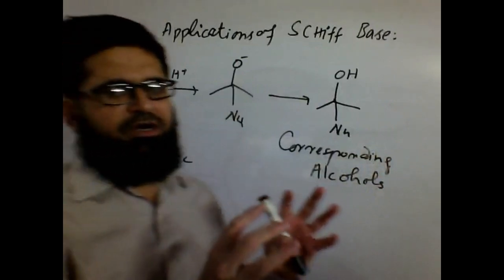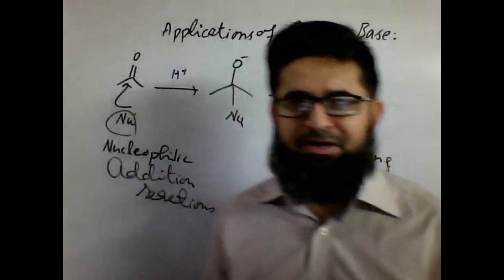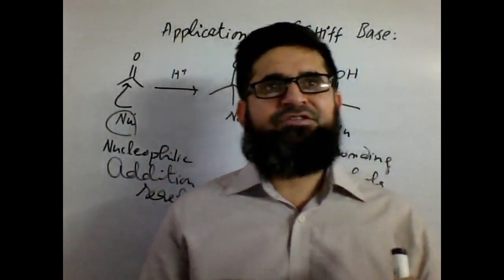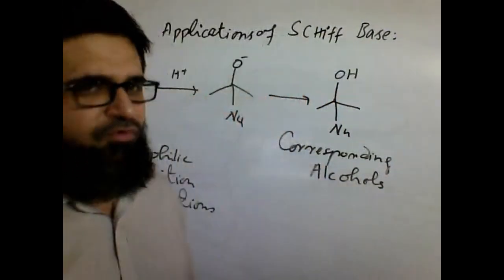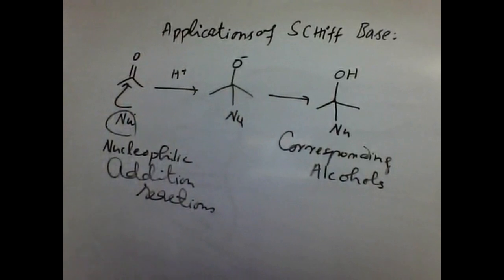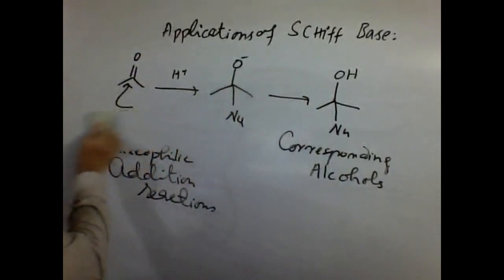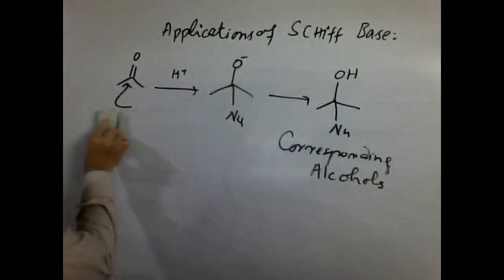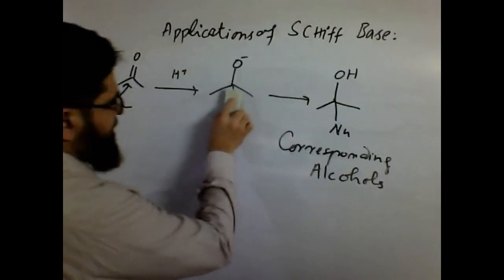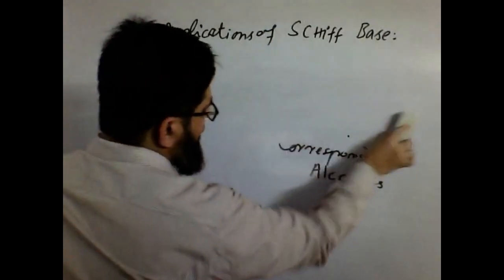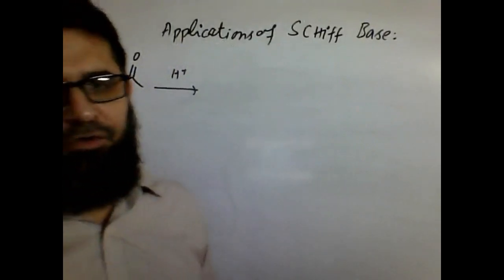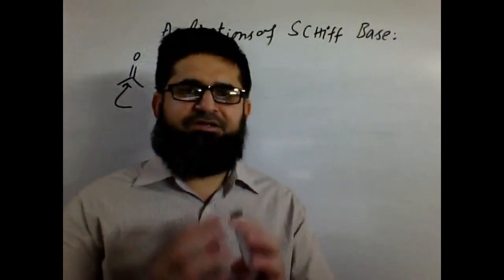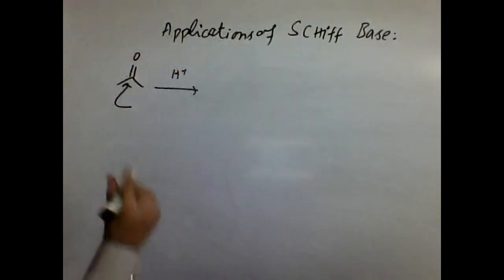This is the general property of aldehydes and ketones, as they do undergo nucleophilic addition reactions. So one version of this reaction was, we have different sorts of nucleophiles. Somebody having a negative charge or a lone pair of electrons is supposed to act as a nucleophile.